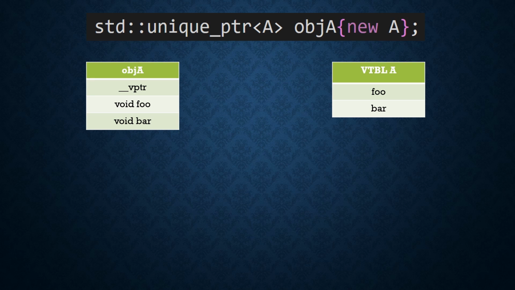And it will also create a virtual table for objects of type A. And that means when we are calling it, we have this connection. The virtual pointer will point at virtual table A, and from virtual table A, the foo and bar functions will point back to the A class implementation of foo and bar, because this object is of type A.